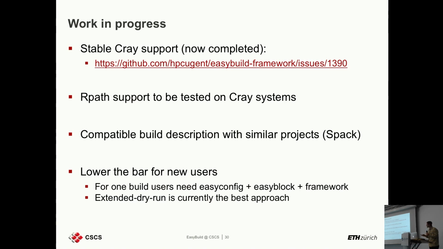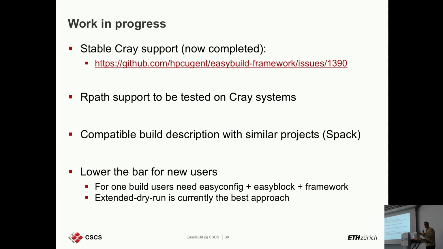Now, one of the things that has to be worked on a bit more, in our experience, is the ease of adopting the EasyBuild framework for new users. For instance, a new user that wants to build, now that we have actually advertised EasyBuild to our users, has to cope with EasyConfigs, sometimes with EasyBlocks, and sometimes they want to know about the framework.